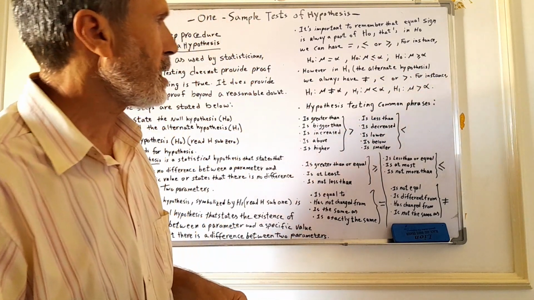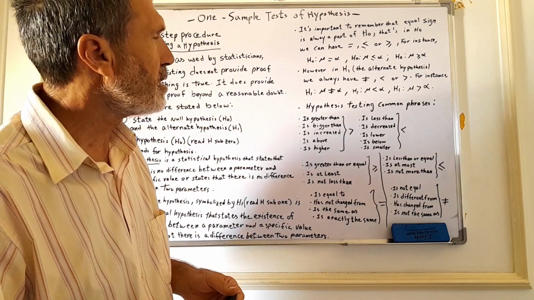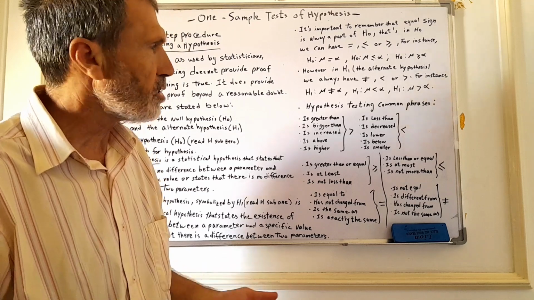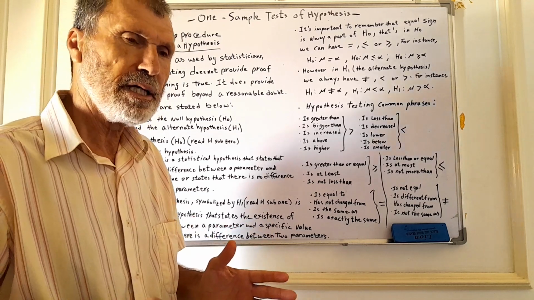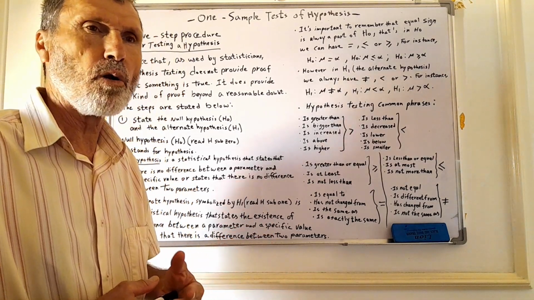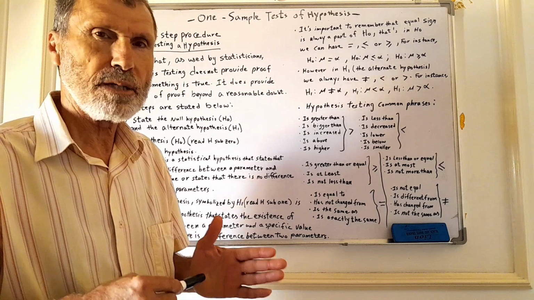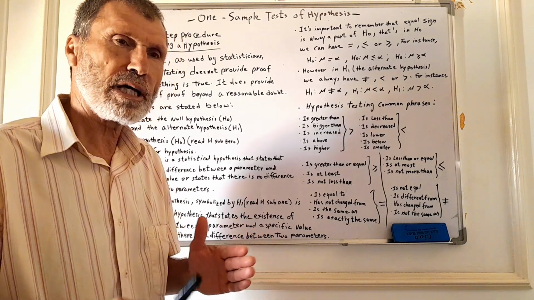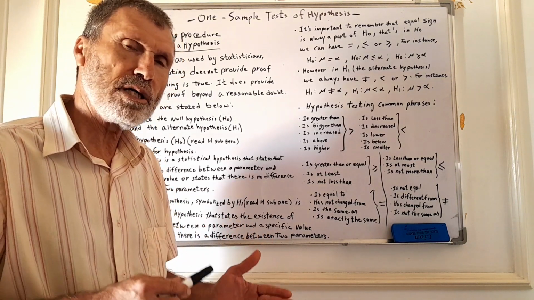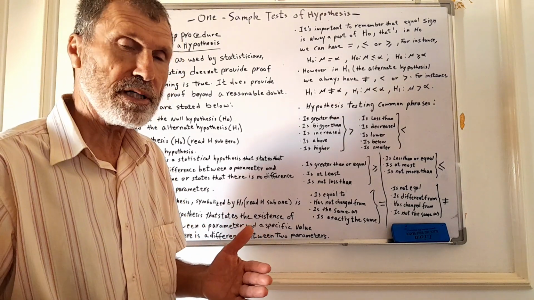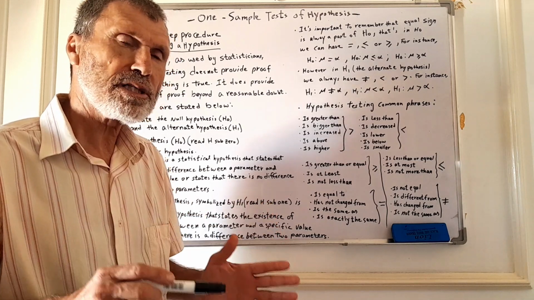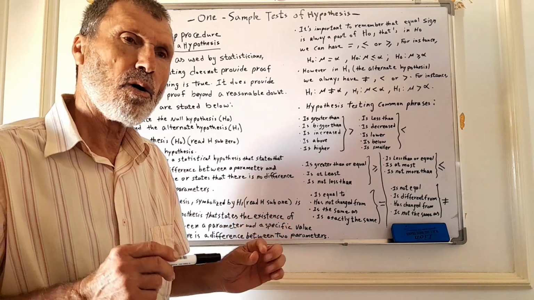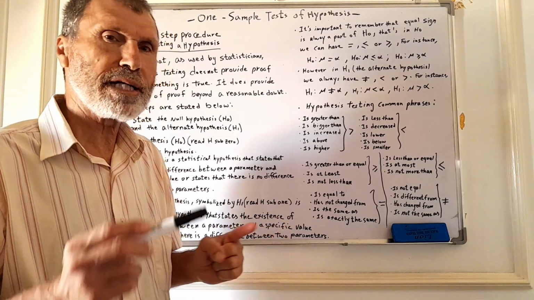So this is how we designate the null hypothesis and the alternate hypothesis. Remember that in the null hypothesis, equality is always present: equal sign, less than or equal, or greater than or equal. However, in the alternate hypothesis, we're going to have not equal, less than, or greater than.